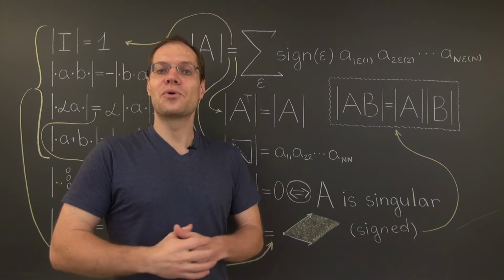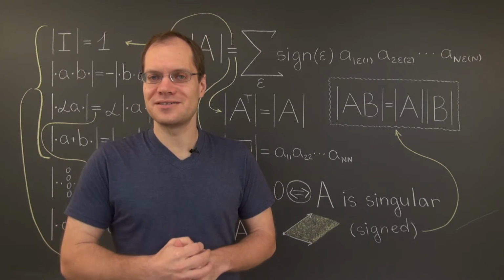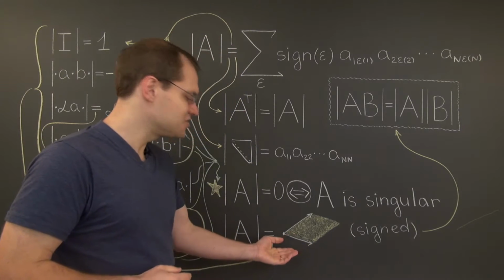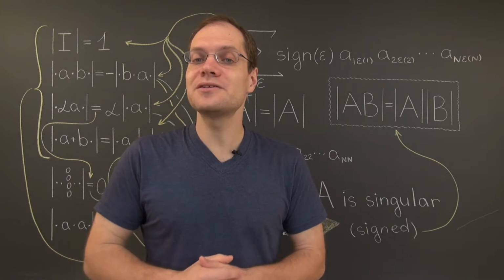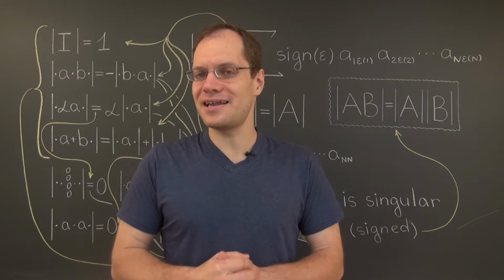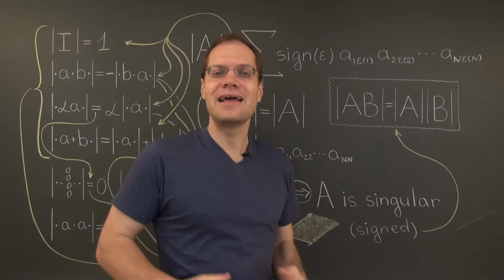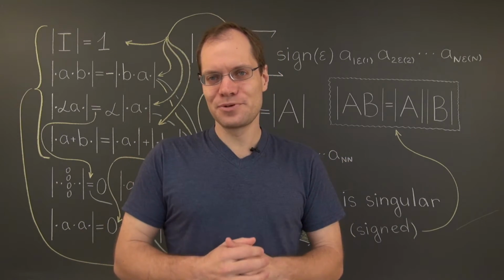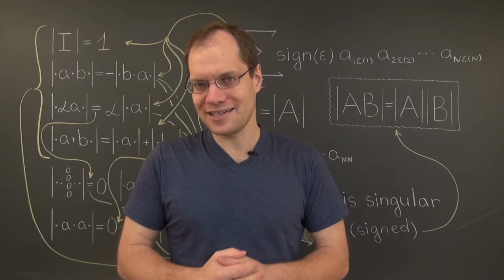And now we're left with two of the most magnificent properties of the determinant. The first one is geometric, and it is at the very heart of the determinant's prominence in applied mathematics. The second one is algebraic, and it is crucial for the algebra of determinants. And of course, the two are intimately related.